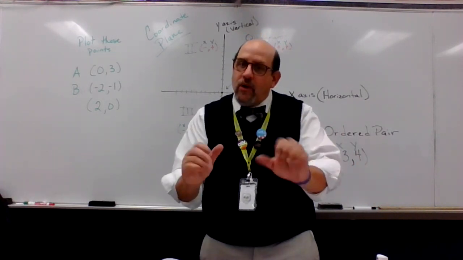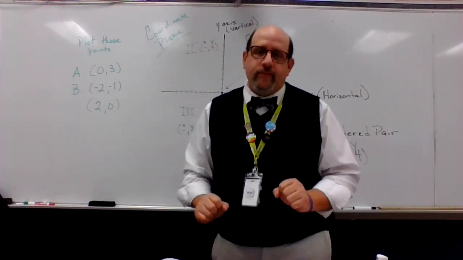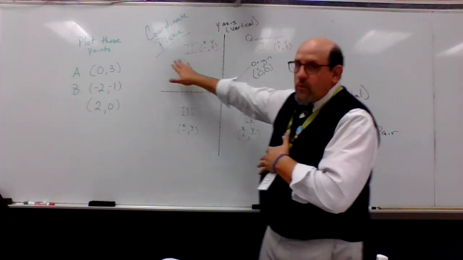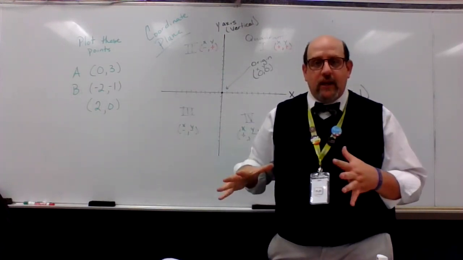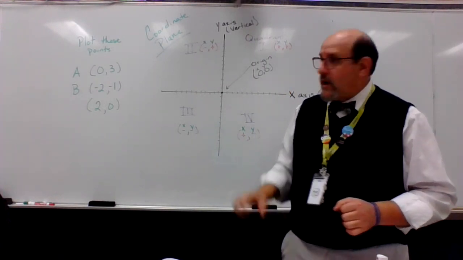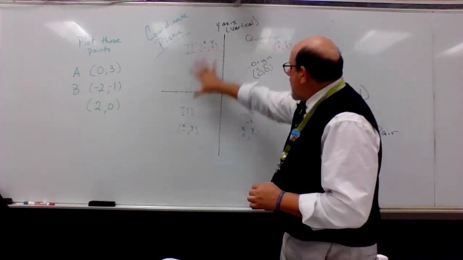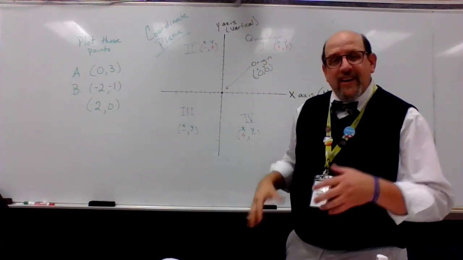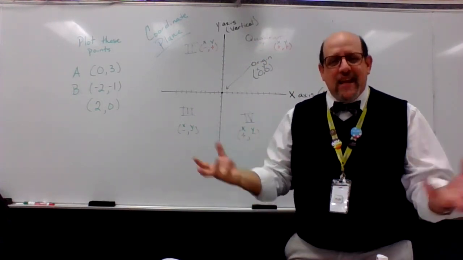Well, now you're going to have a cool way to look at it because you're going to use what everybody calls the coordinate plane. And coordinates are just points that we're going to be putting in this graph area, and everything has names.